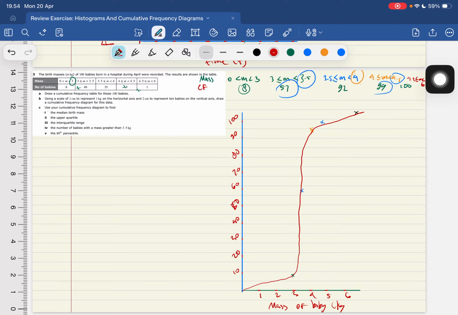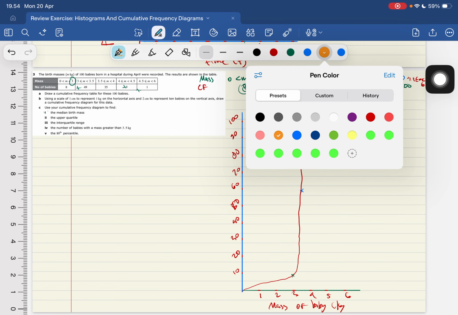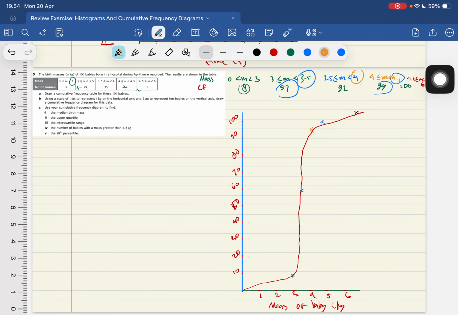Next question. Use the cumulative frequency diagram to find the median. If this is 100, the median is 50. So it's going here, 50 and down. So approximately the median is 3.4 kilogram.